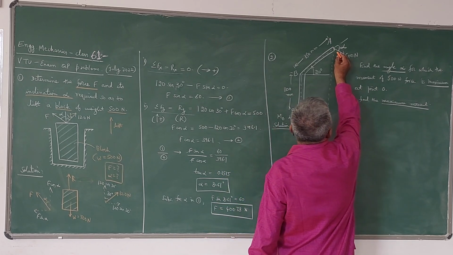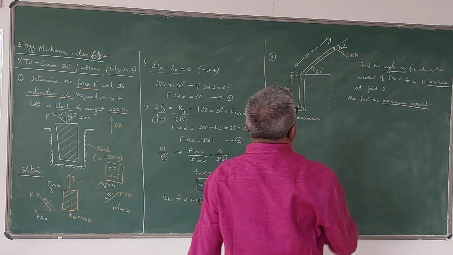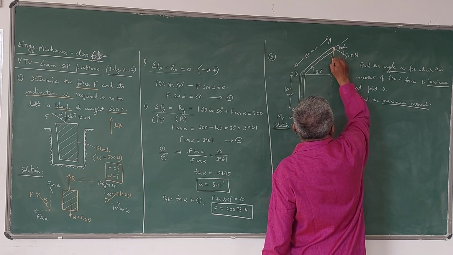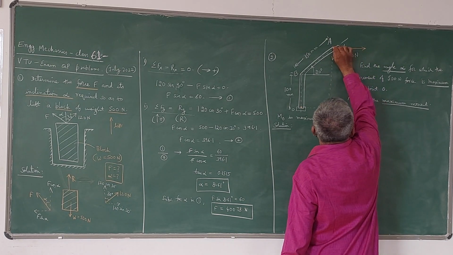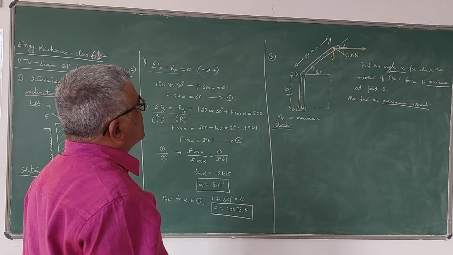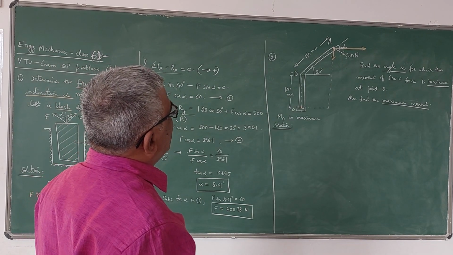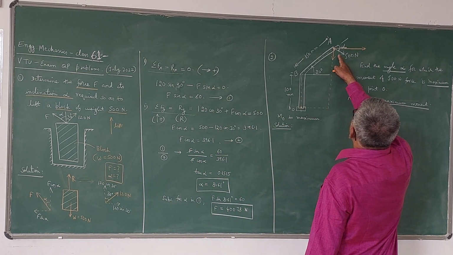Now I will resolve this force into two components. One component I will take like this, another component like this. That angle is alpha. So we need to find the value of alpha here.